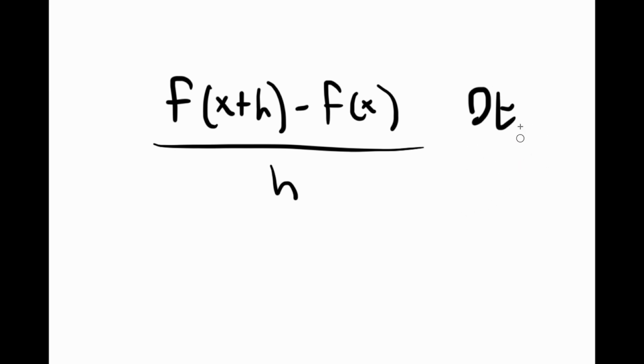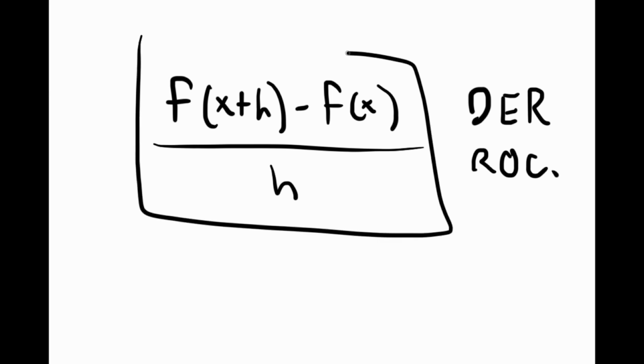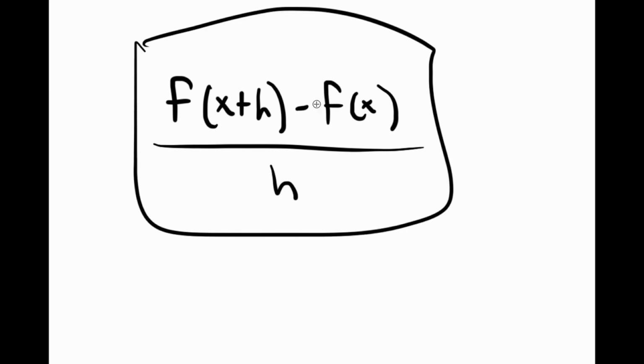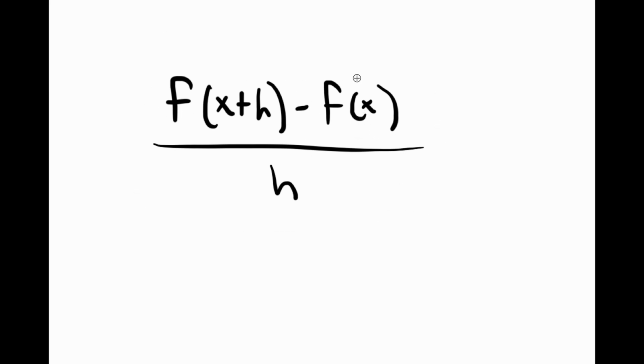We can find derivatives, we can find rates of change, and we can use this formula right here to find derivatives, rate of change, and a bunch of other stuff in the future chapters of Calculus 1.